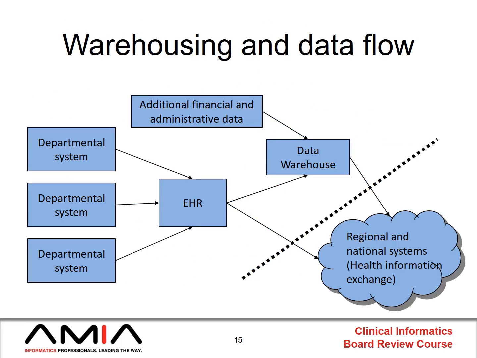Another aspect of clinical data is its flow, and one of the places that clinical data flows is into data warehouses. This schematic shows some of the data that makes up clinical data, but it's important in that we recognize that data may originate from departmental systems such as radiology systems, pharmacy systems, lab systems, that flows into the EHR, and of course the clinician enters data directly into the EHR.